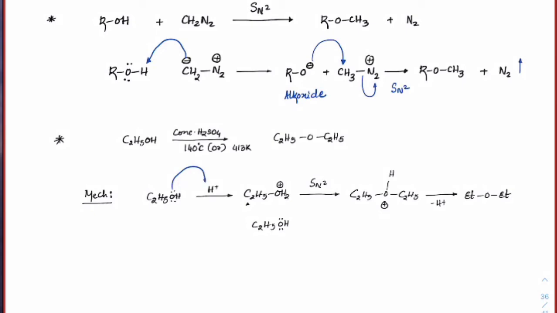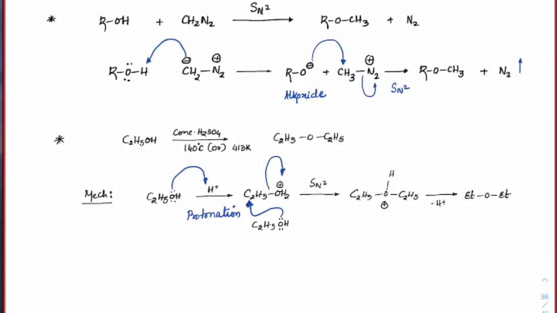See how the reaction is happening. The lone pair will first extract this proton. So the protonation step is done. Here the names of the steps are also important. So this is protonation. First a protonation is done, then nucleophilic substitution is done. So here on this carbon you can see nucleophilic substitution is done.